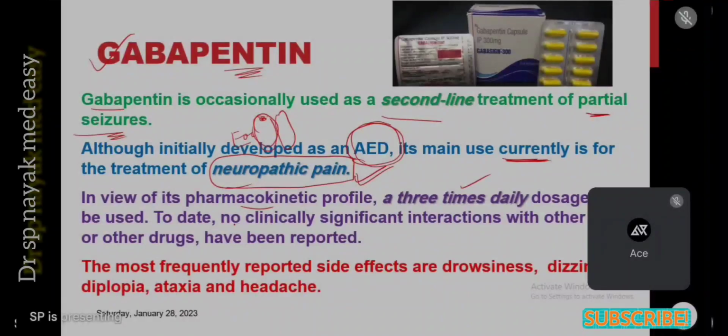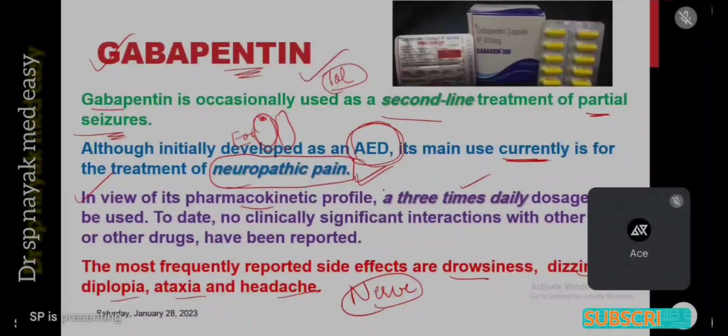One more important point, their common adverse effects are drowsiness, dizziness, diplopia, ataxia and headache. Wherever a patient has nerve pain, in those conditions we can suggest gabapentin. Gabapentin and pregabalin are very tolerable drugs, unlike other anti-epileptic drugs. So based on their pharmacokinetic parameters you have to check.